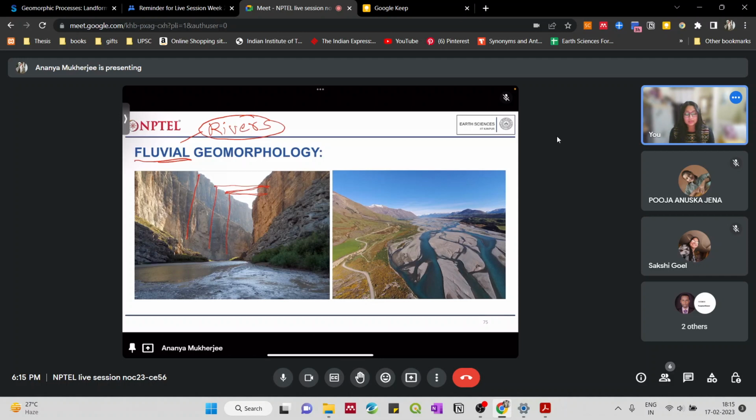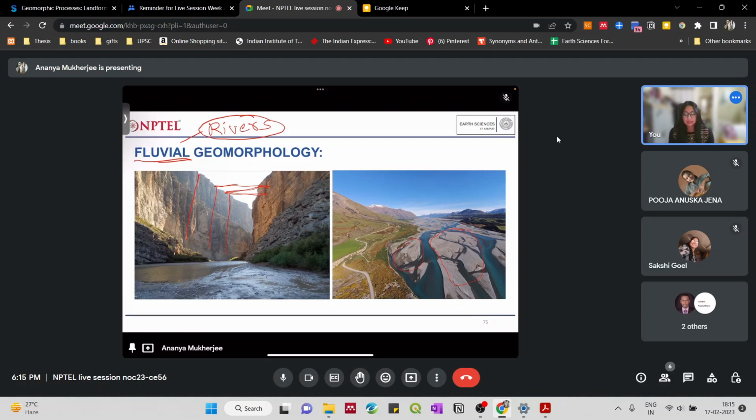This is an example of a canyon. And on the right-hand side you can see that it's more planar in nature. The feature that we see over here is planar in nature, but you can see there are a lot of sediments that have deposited.